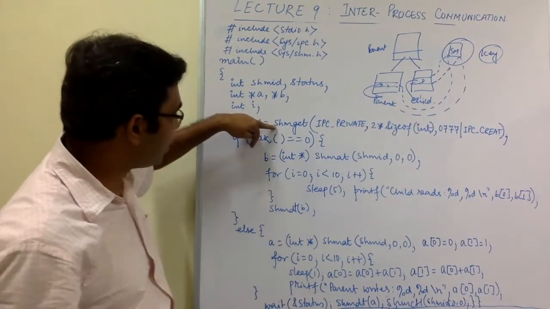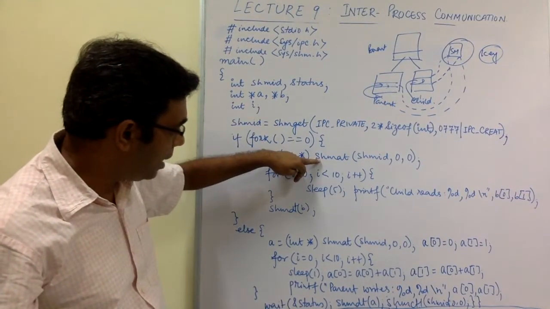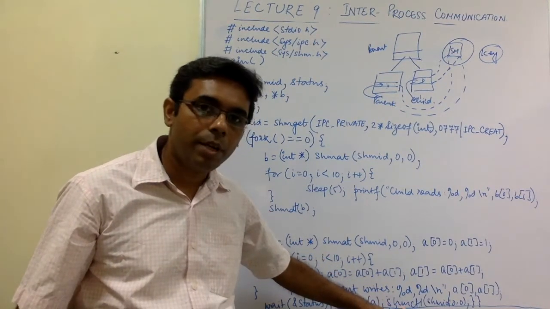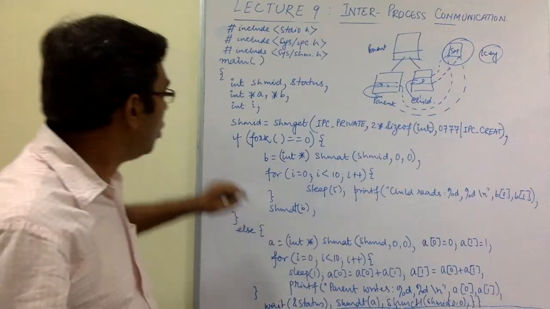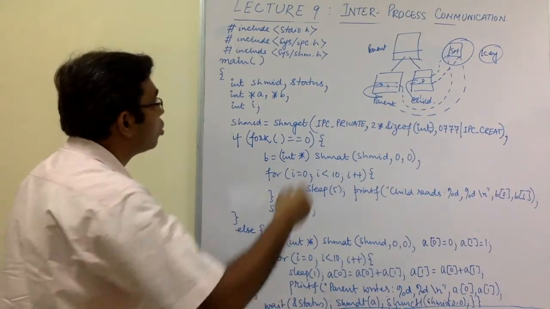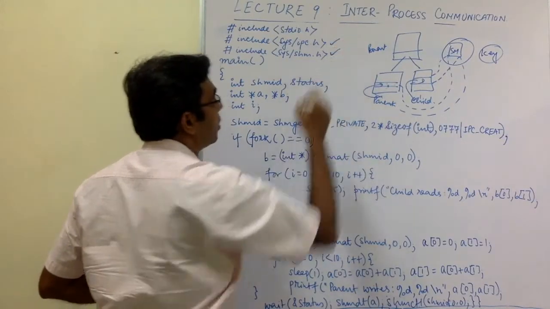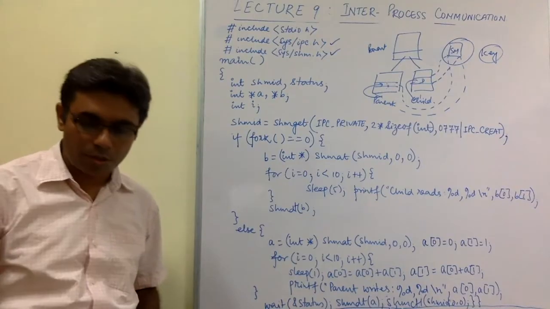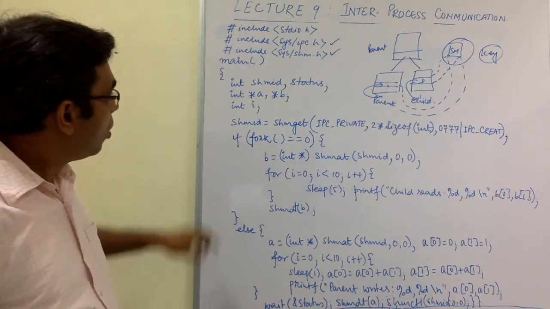So we make use of shmget, shmat, shmdt, and then we have something called shared memory clear. We'll talk about that later on. All these system calls will be made available through these two libraries, the ipc.h and the shm.h. Right.